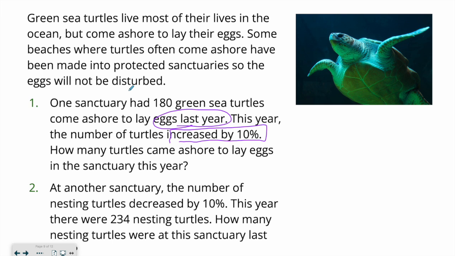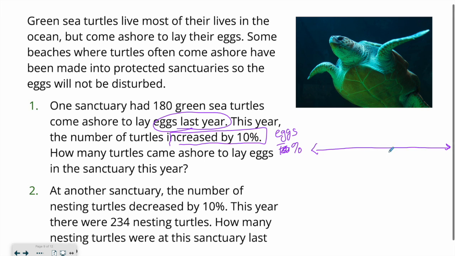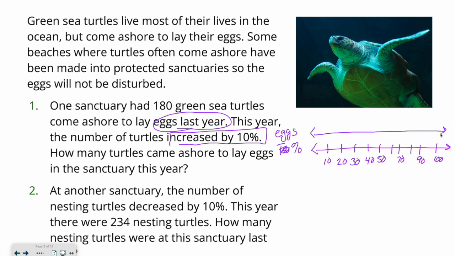We need two number lines. So we need a number line for eggs and we need a number line for the percent. And how am I going to decide what to count by? Well, since it's increasing by 10%, I'm going to count by tens on my percent number line. And so when I make my egg number line, I'm going to put the hash marks in the same place.